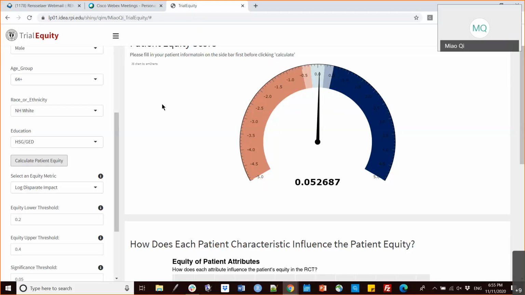And do you use individual level patient data, or do you use aggregates? For the BioLink, I think we have the individual patient data, but to perform analysis using our metrics, we only need some statistics, like how many percent for each subgroup. Yeah. Okay, that sounds good. Thank you.